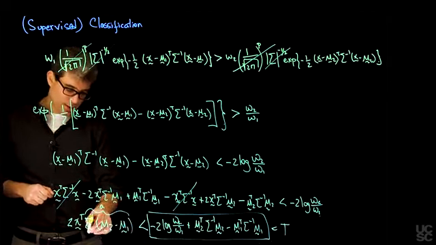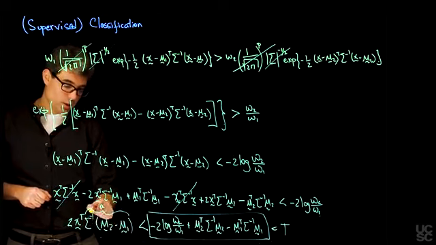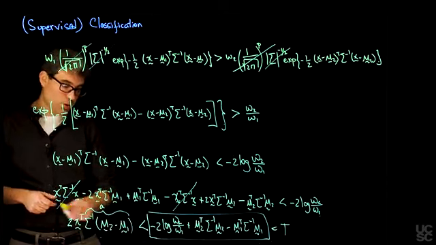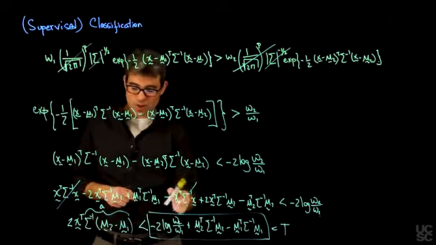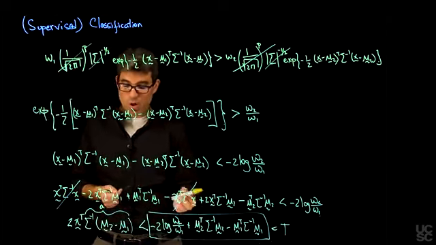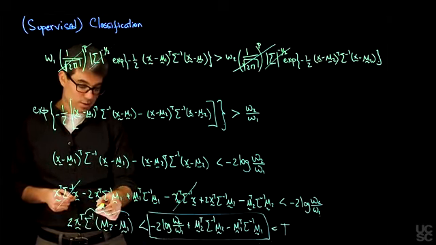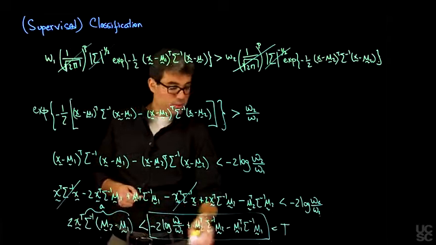And then this product of the inverse of the variance covariance matrix times the difference of the means corresponds to a vector A that can also be computed from the training set. So essentially, the decision of whether we classify an observation in class 1 or class 2 is going to depend on whether a linear combination, and that's what x transpose times A is, of the values of x is greater than a given threshold or not.